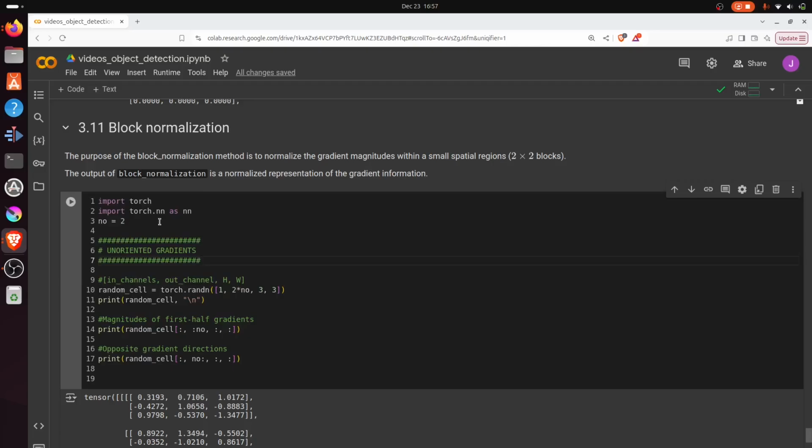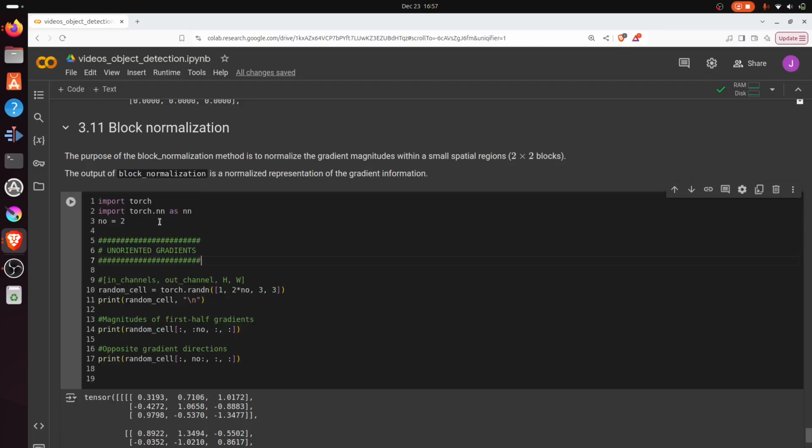Just to put another example, imagine we have a 45-degree gradient, a gradient pointing at a 45-degree angle, and we have its counterpart, the 225-degree gradient, also pointing in the opposite direction.